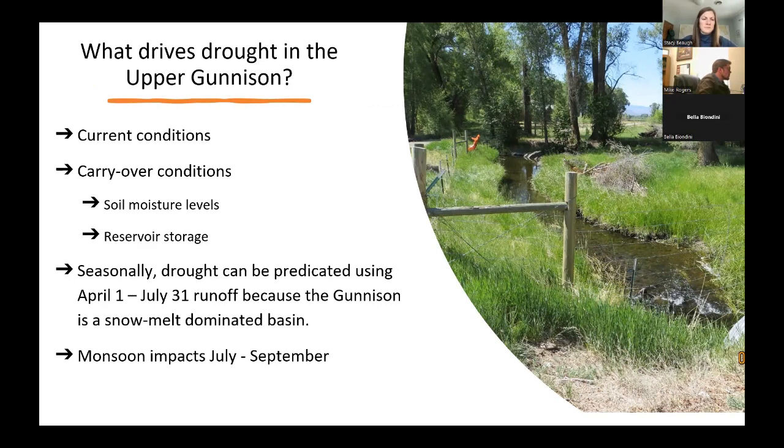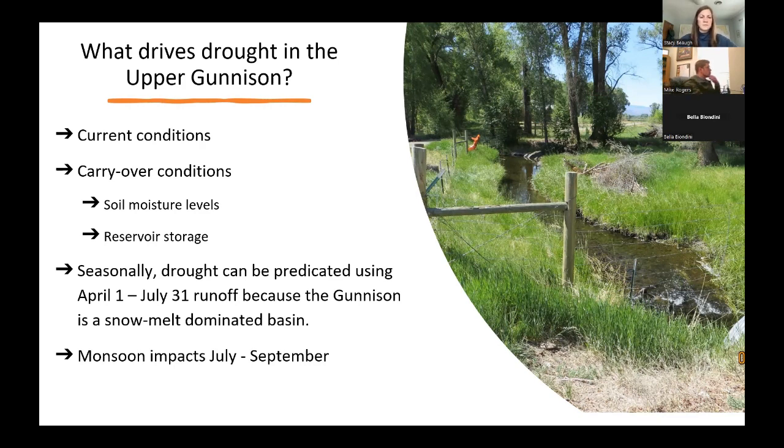This is really, what has happened in the past that is then having a lagged impact into the future. This we really see in our soil moisture levels and our reservoir storage. So kind of those two places, where is water being stored in the basin? Are we going into the next season with good storage, either in the soil moisture or in the reservoirs, or are we going in with average or low storage levels?